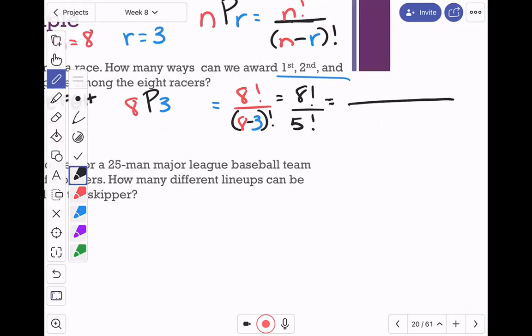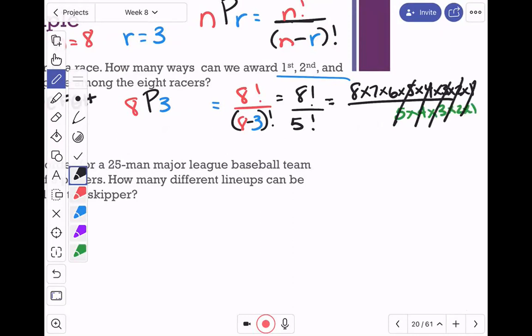Because what does 8 factorial mean? Somebody tell me what 8 factorial means? 8 times 7 times 6 times 5 times 4 times 3 times 2 times 1. What does 5 factorial mean? 5 times 4 times 3 times 2 times 1. Look what happens here.